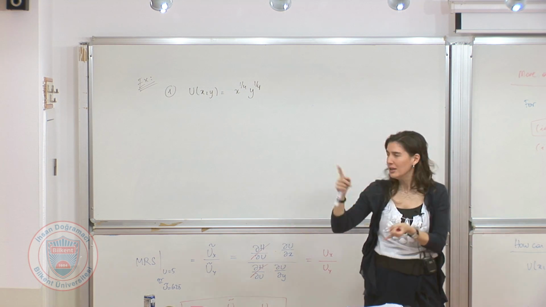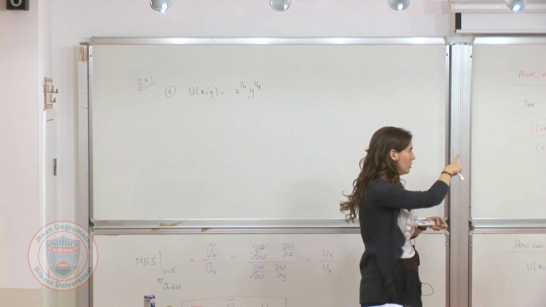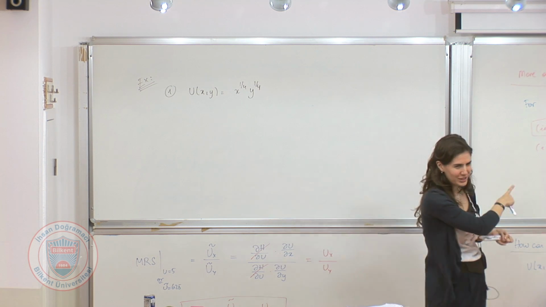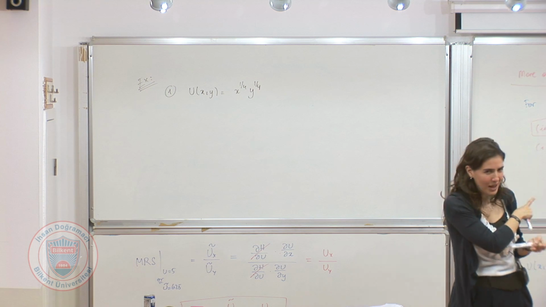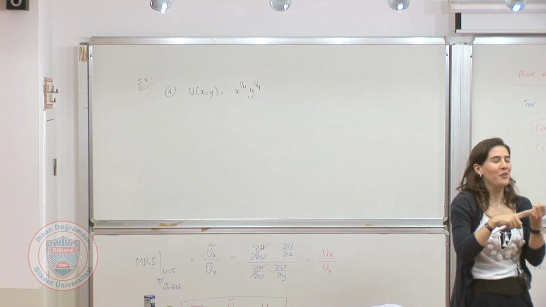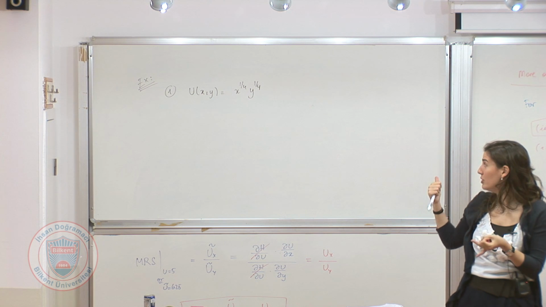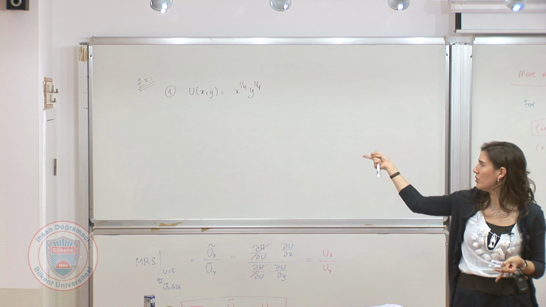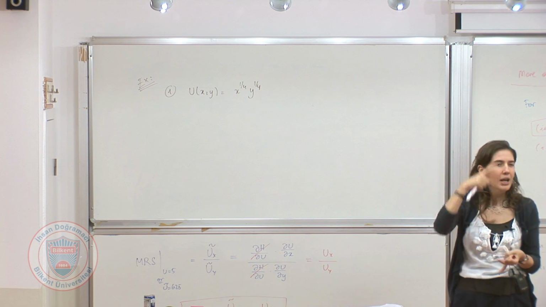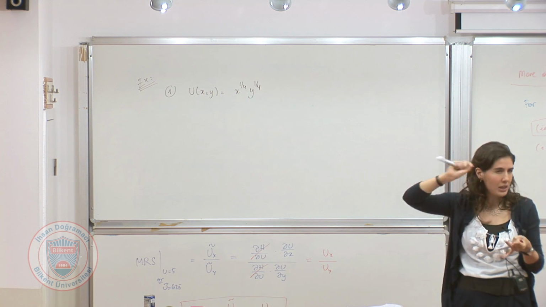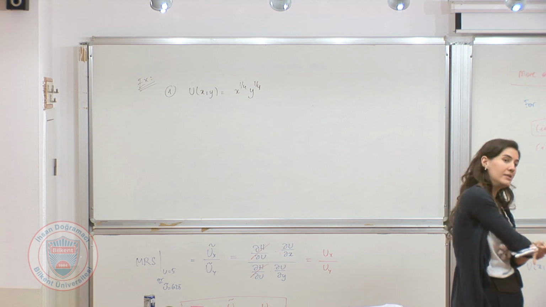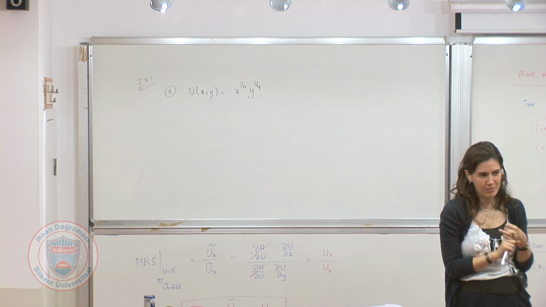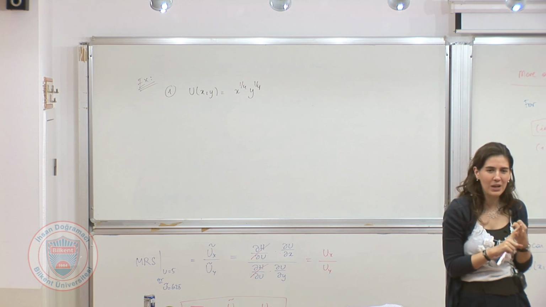One, you can use this utility function, use this ugly condition, and check whether the utility function is quasi-concave. Do you want to do that? No. Another thing you can do is get the indifference curve's equation, and then use the convexity definition that I gave you, and check whether the indifference curve is strictly convex. Do you want to do that?